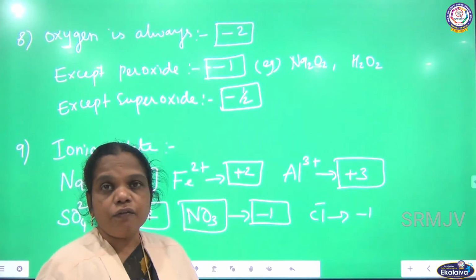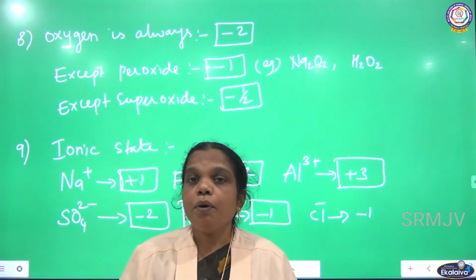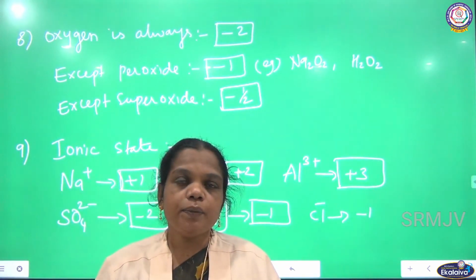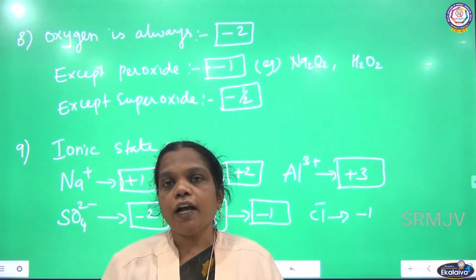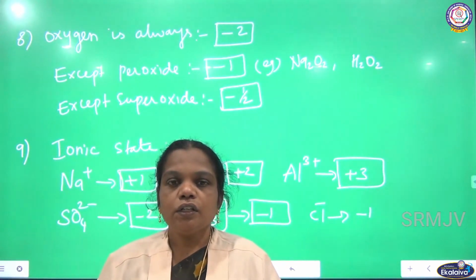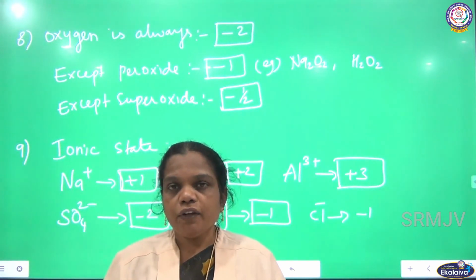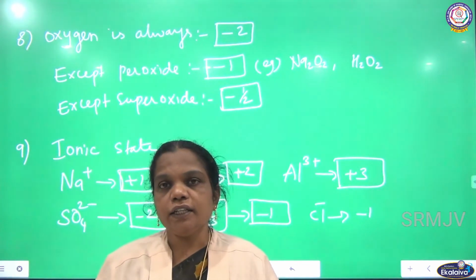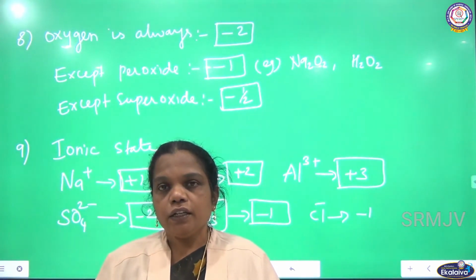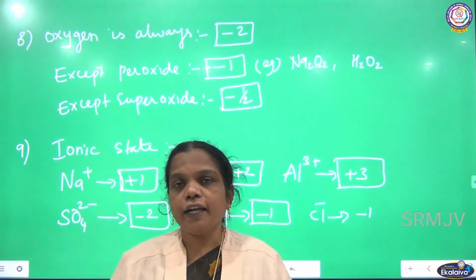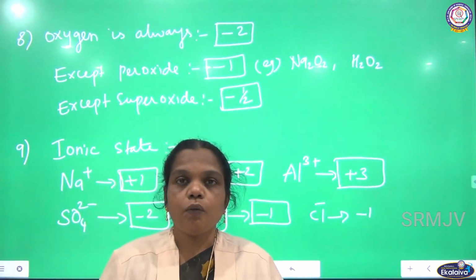Now we will see one example of how to find the oxidation state. While finding the oxidation state, the algebraic sum of the charges of the atoms should always be 0. After finding the oxidation states, you have to add all the charges. It should become 0, then only the molecule can exist as a neutral one.